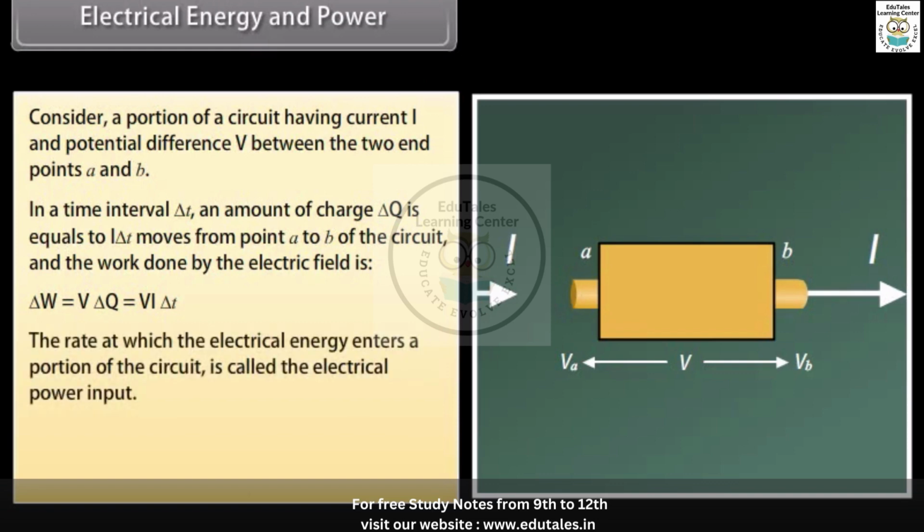The rate at which the electrical energy enters a portion of the circuit is called the electrical power input. P is equal to VI.